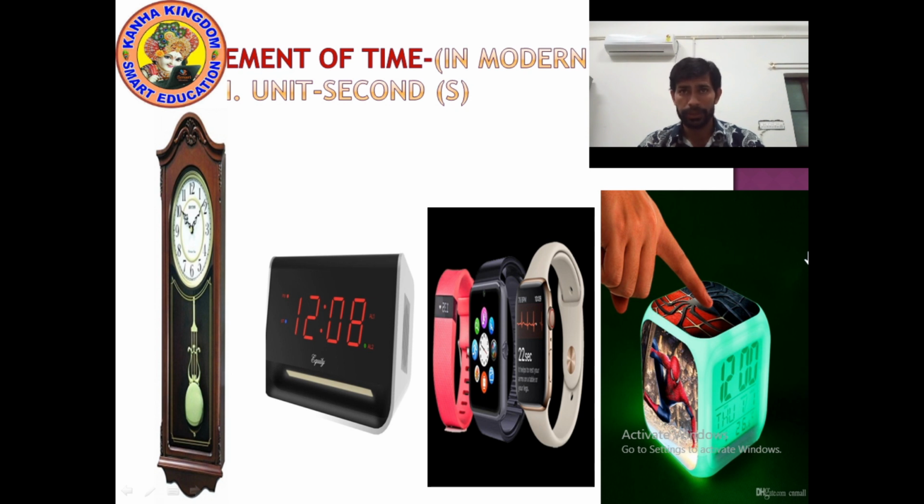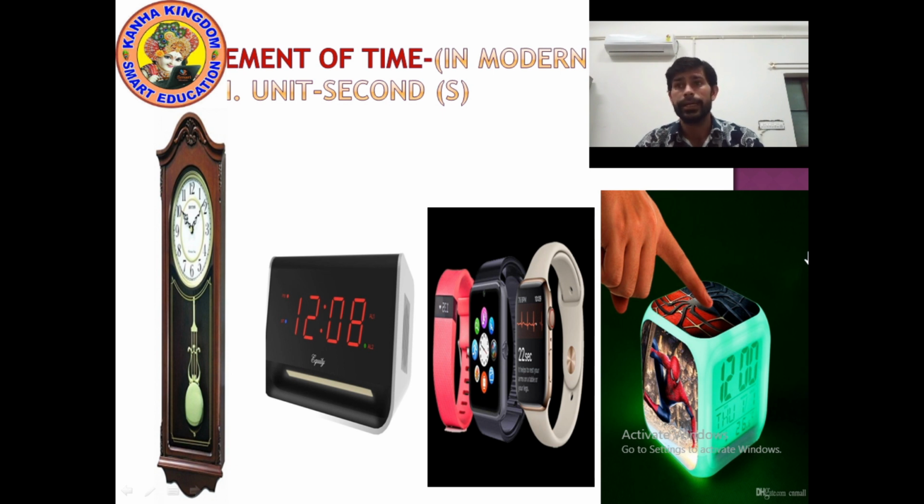Second clock you can see is a digital clock, in which numbers are shown. Third kind of clock, smartwatch.